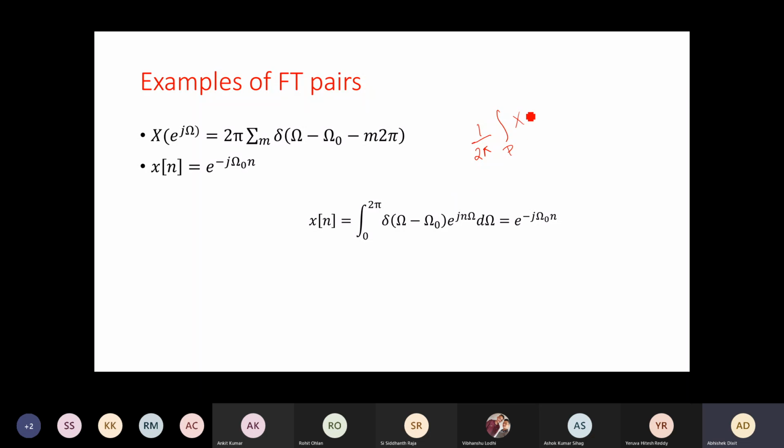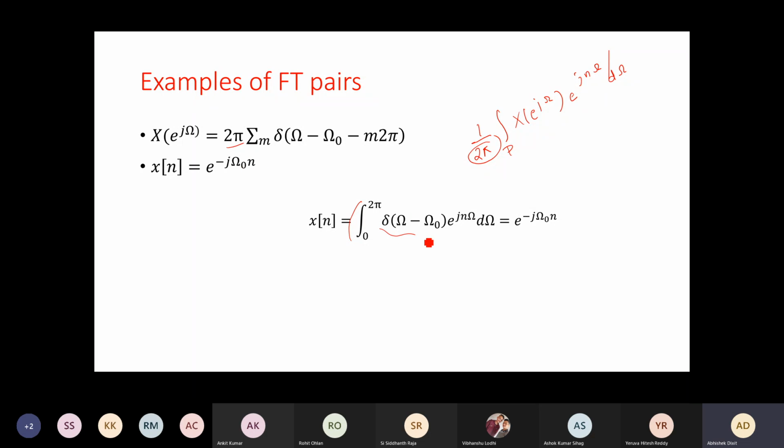We have to take X(e^j omega) in one period, multiply with e to the power j n omega, right? And integrate with respect to omega. This is how we find x n. So this 1 by 2 pi cancels with this 2 pi. And we are integrating again in the period, in this period 0 to 2 pi.